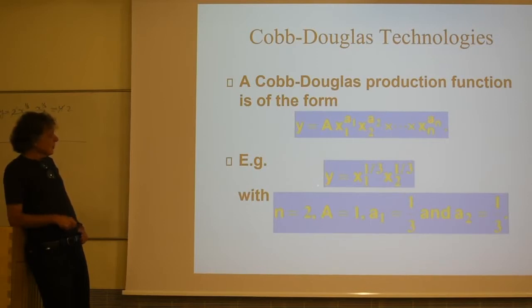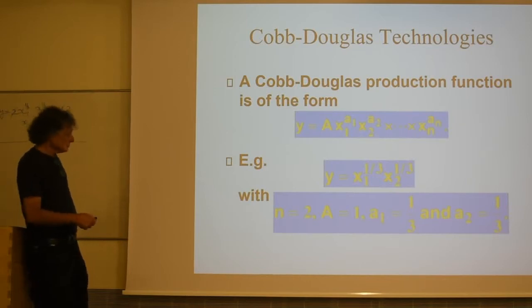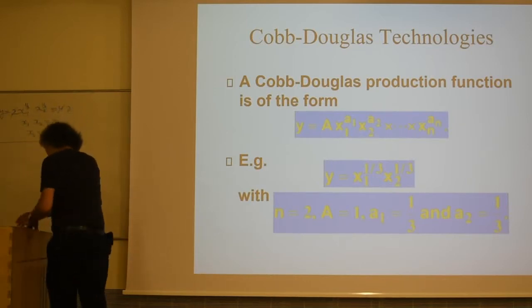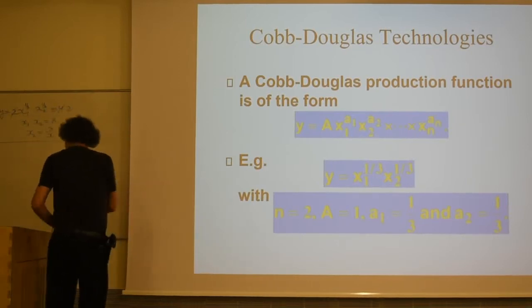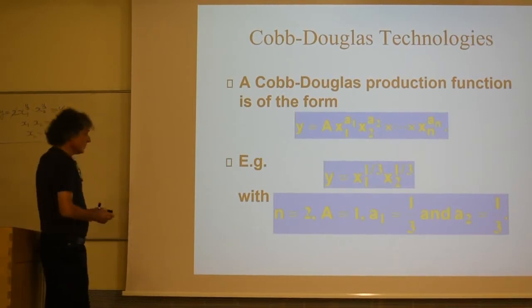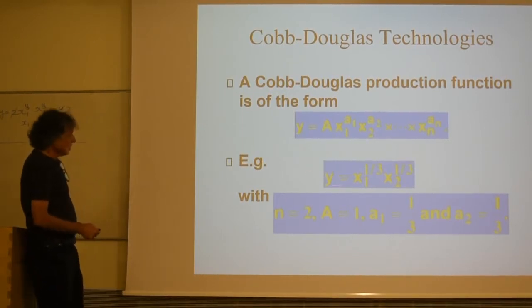Our example before it was 2 times, but you can get it 1 time. So if I take this one, the a is 1, because the coefficient is 1. a1 is 1/3, a2 is 1/3, and the number of inputs that I have is just 2, x1 and x2.